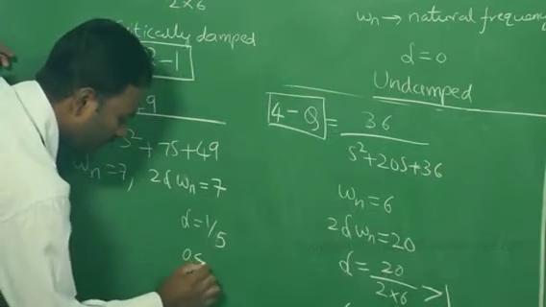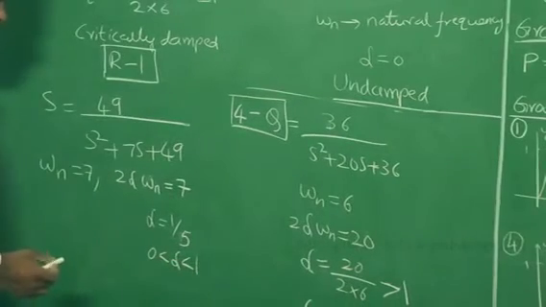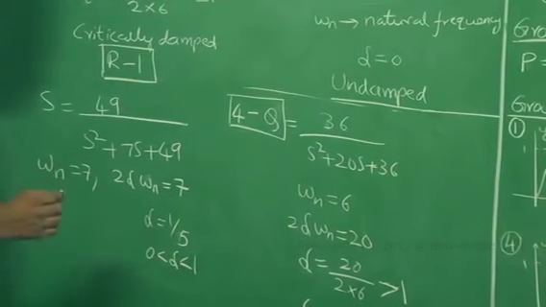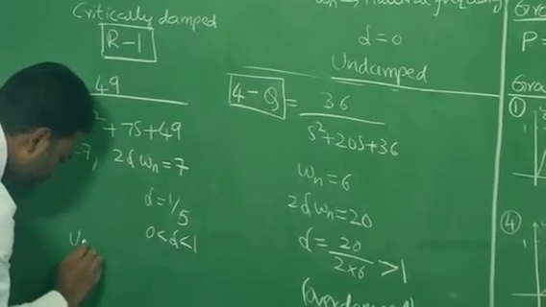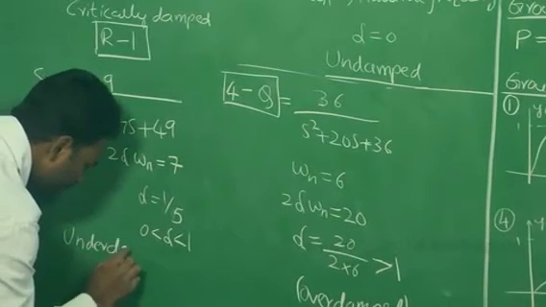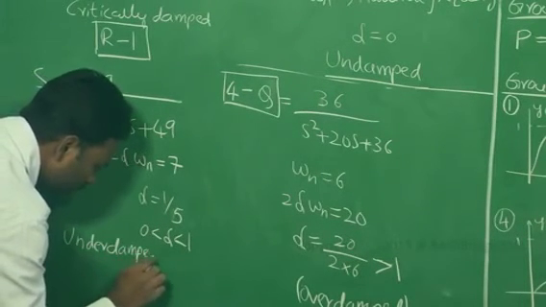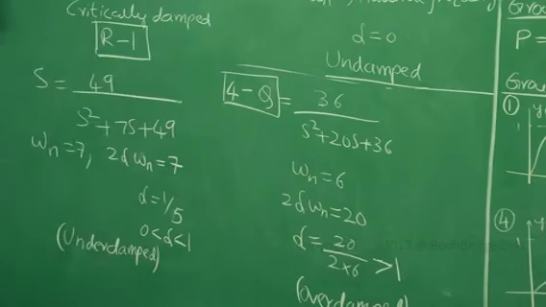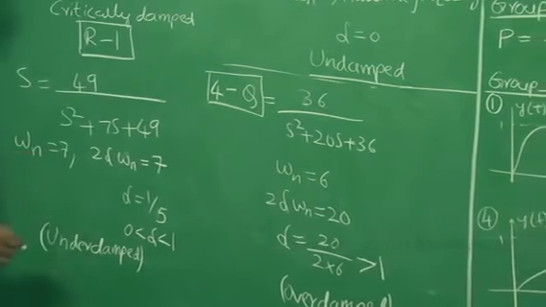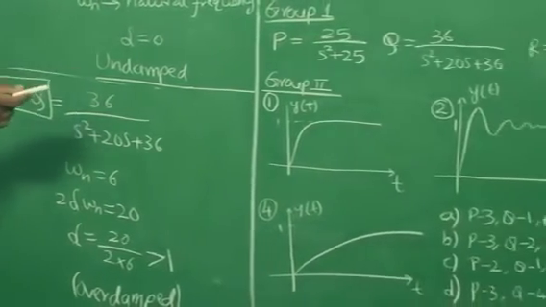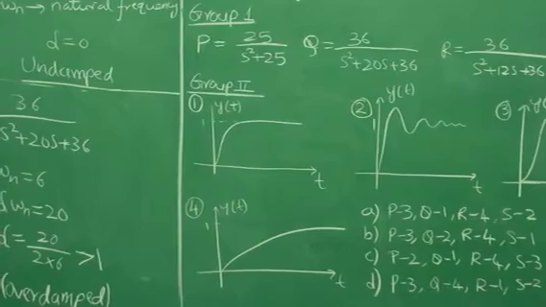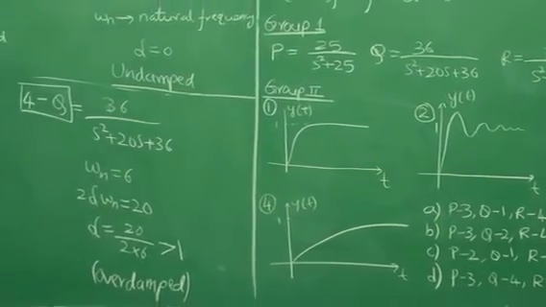That is, zeta is between 0 and 1, which implies that the step response will be an underdamped function. In the given graphs, graph 2 represents an underdamped response. So S matches to 2.